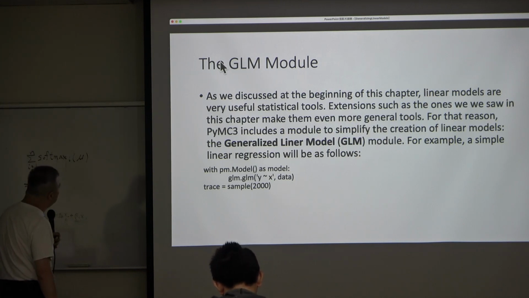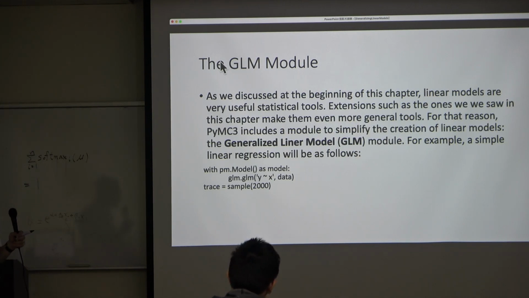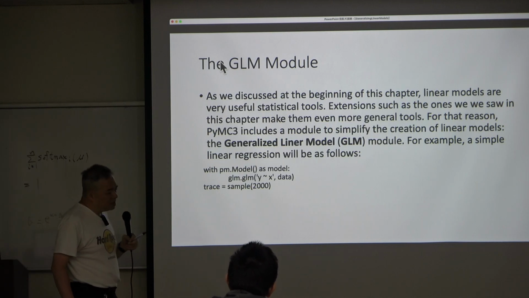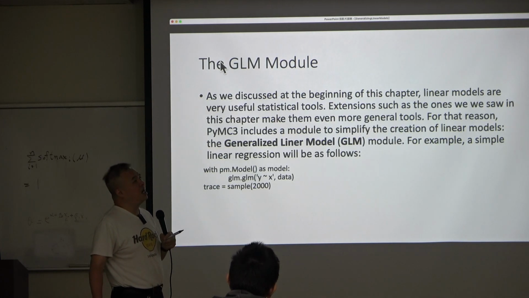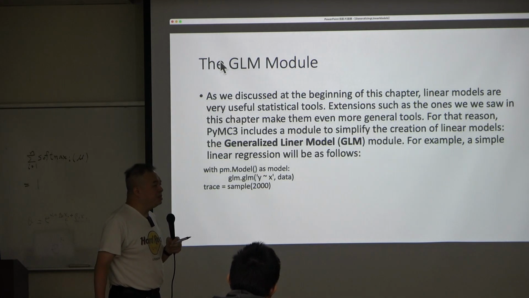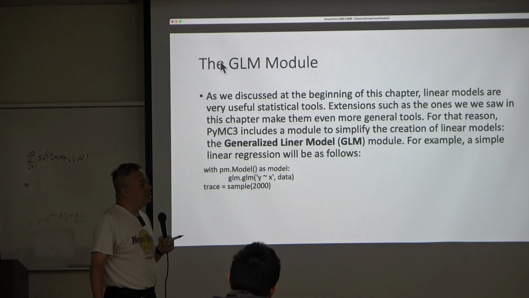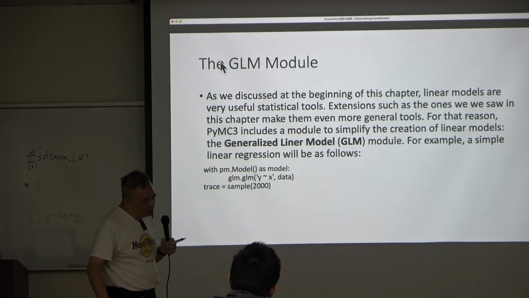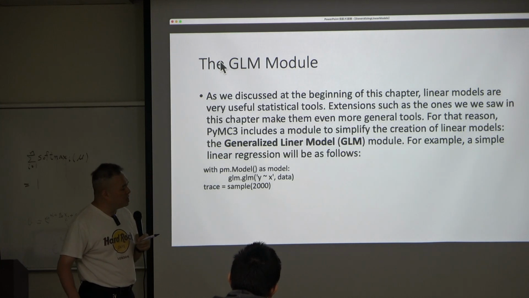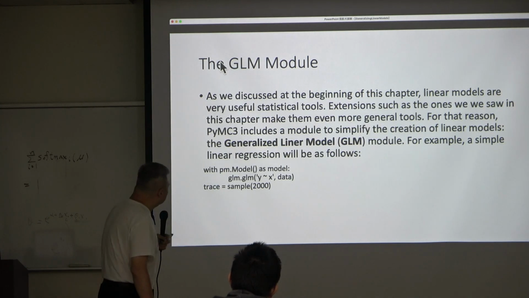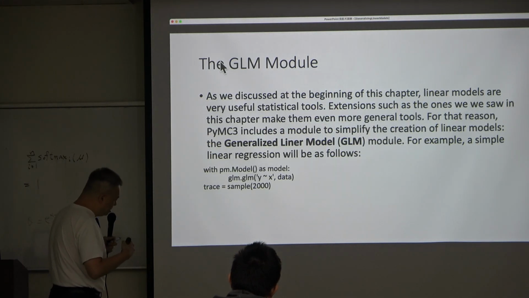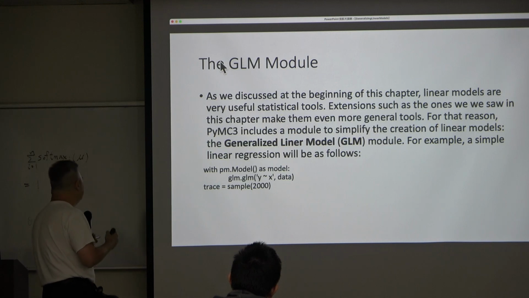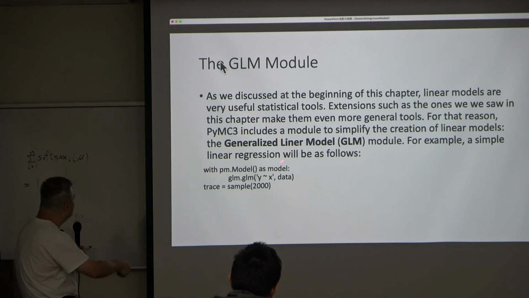To talk about this chapter, all the models, including the one that we cover in the linear regression chapter as well as the one that we cover in this chapter, all fall into the range of the term called the generalized linear model.